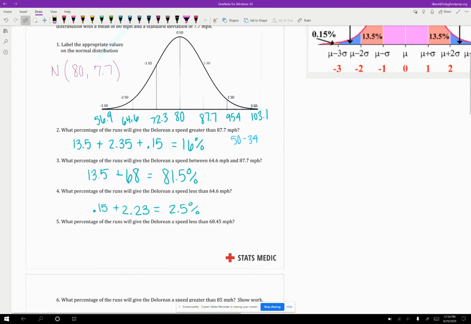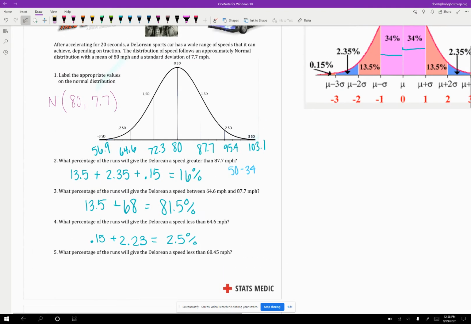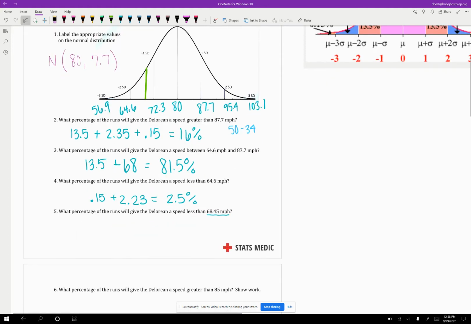Now, things change a little bit when we get to number 5, because we're being asked for percentage of the runs with speeds less than 68.45. And if I come up to my bell curve and mark where 68.45 is, I'm approximately here, which is not one of my regular values that I work with. So what I need to do is first I need to standardize my score, or come up with my z-score.